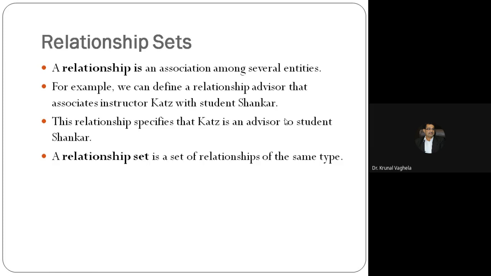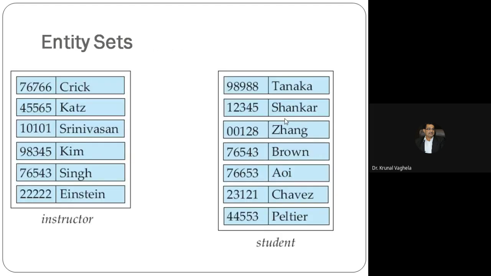Right. A relationship set is a set of relationships of the same type. Same type is very important. A relationship set is nothing but relationships of the same type. For example, some instructor is advisor of some other.